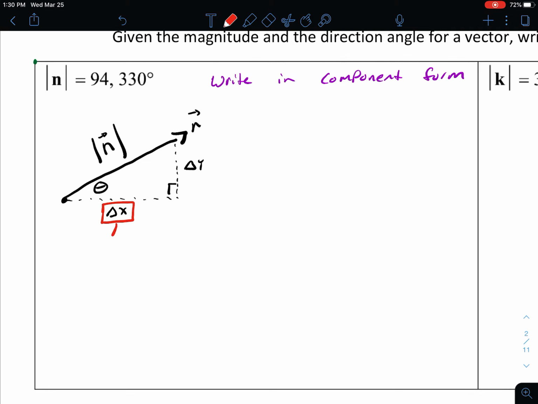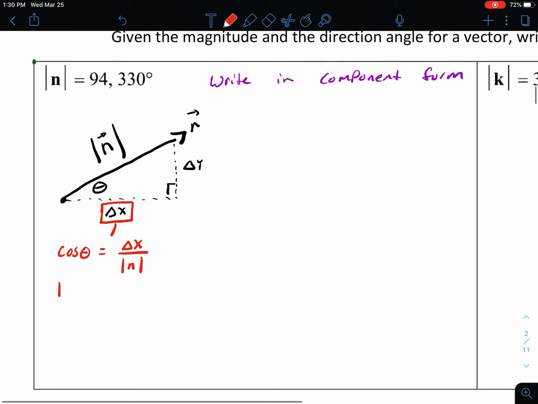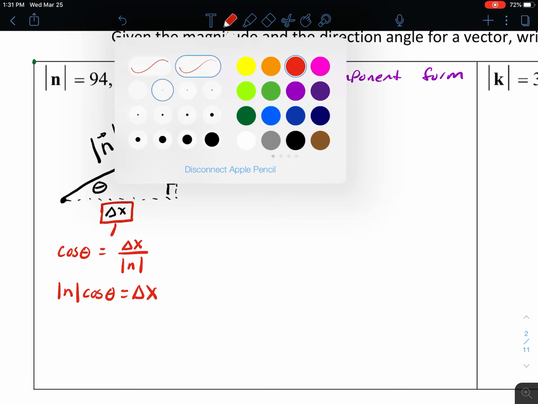change in x if I use the cosine function, where I could say cosine of theta is equal to adjacent over hypotenuse. And if I multiply the magnitude of n over the magnitude of vector n times cosine of the direction angle, that is equal to the change in x.